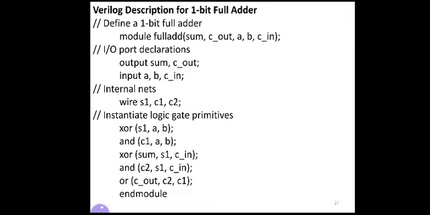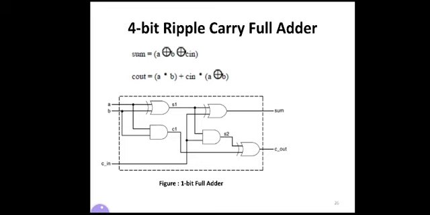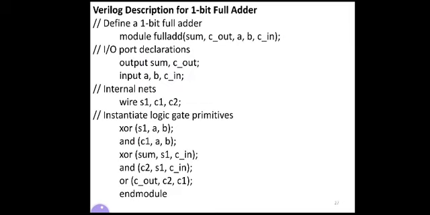So AND S2, S1, Cin. Then the OR gate: Cout is the output, with S2 and C1 as inputs. So write OR Cout, S2, C1. Instead of C2, make it S2. So this is the instantiation part.